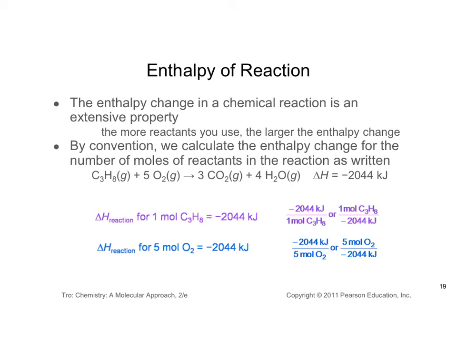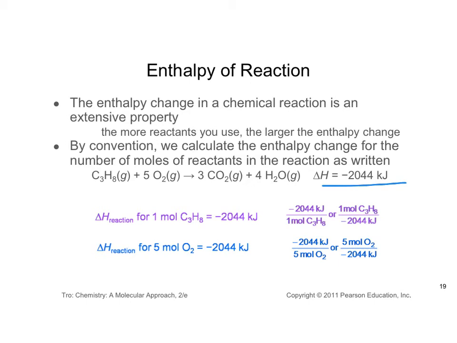So in other words, if we look at something like the heat given off by propane burning in oxygen, right? And we know that it gives off negative 2044 kilojoules.